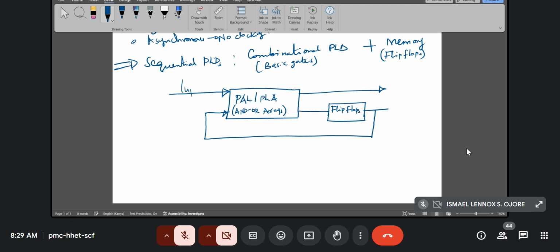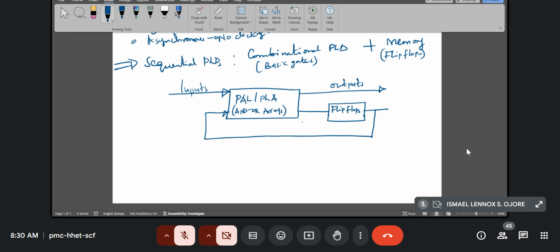We have our inputs, we have the outputs. So top level, this is really what a sequential PLD would be built like, but of course it is more detailed than this.